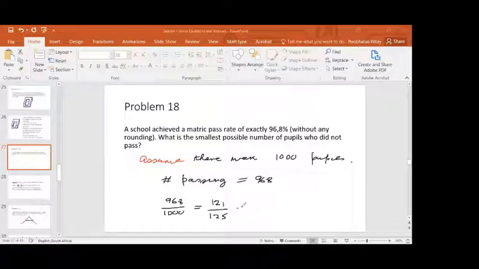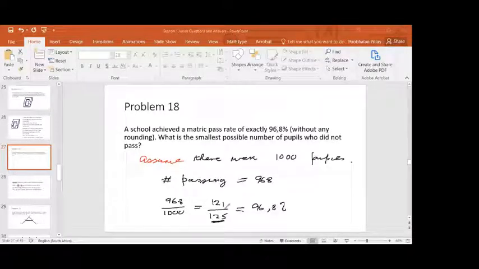Right, and this is also equal to 96.8. Right, and the question is, what is the smallest number of pupils who did not pass? So you could have had 125 pupils with 121 passing, and that's the smallest. You can't go anything smaller than that because you can't simplify this fraction.